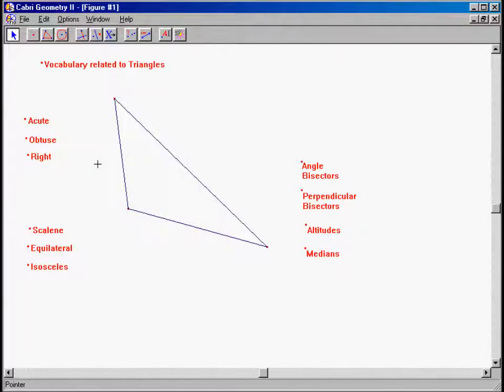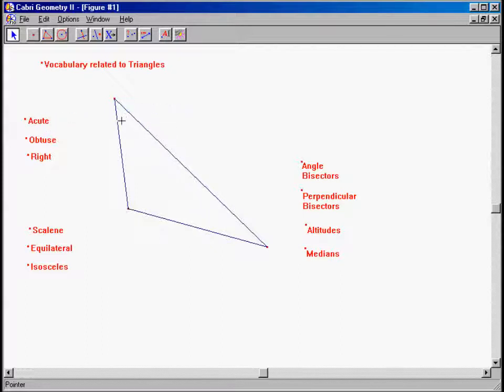Triangles are classified according to their angles and their sides, and sometimes these overlap. We have the acute triangle, which means that all of the angles are less than 90 in the triangle. Now this one that I sketched out is obviously not acute.